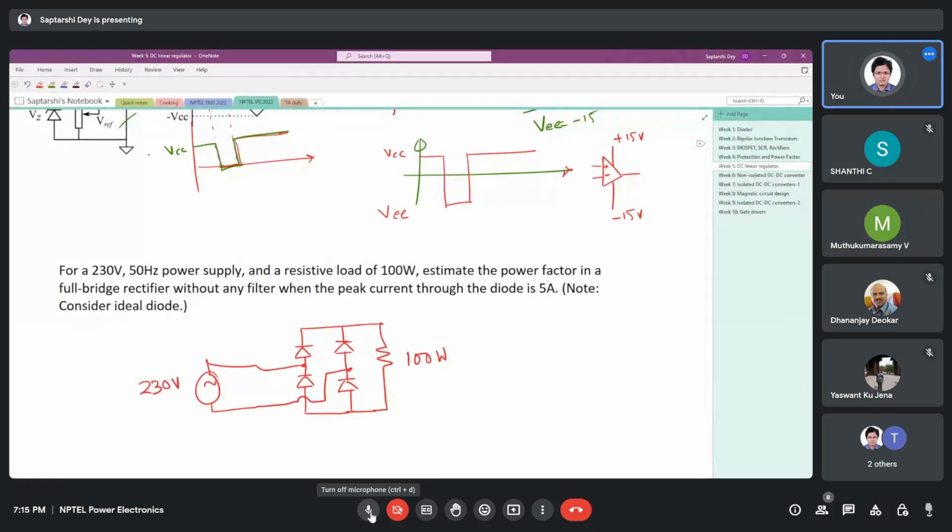That's what I'm thinking. It should be unity power factor. Yes, sir, I also gave the same answer, but it was wrong. It is showing a very low power factor in the answers.